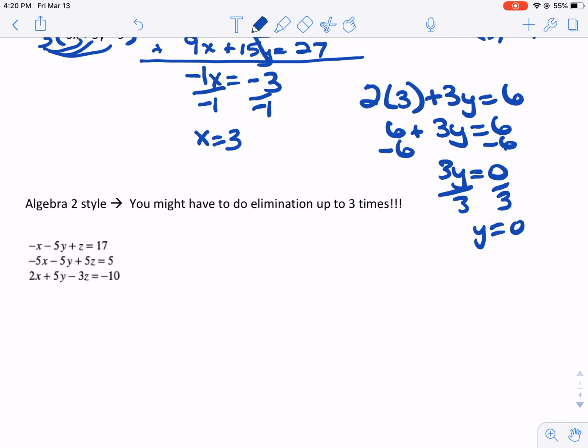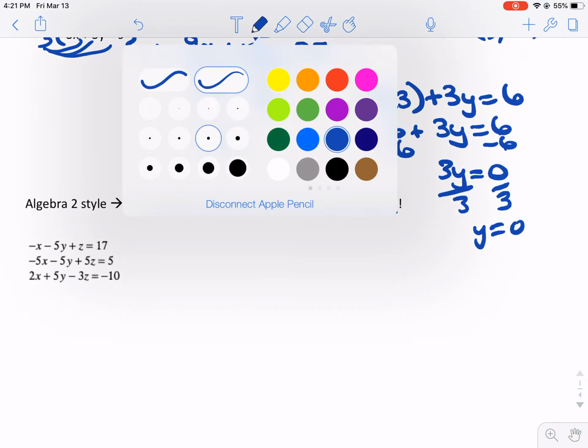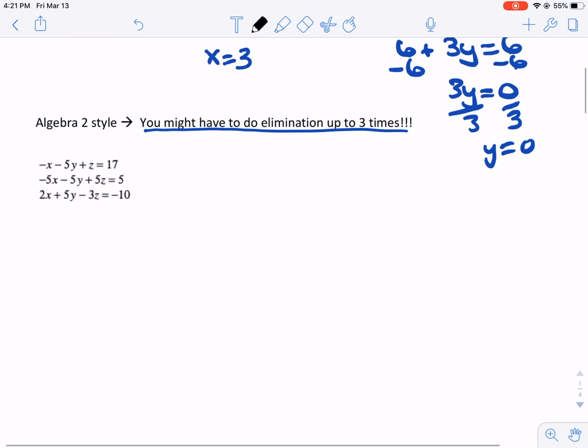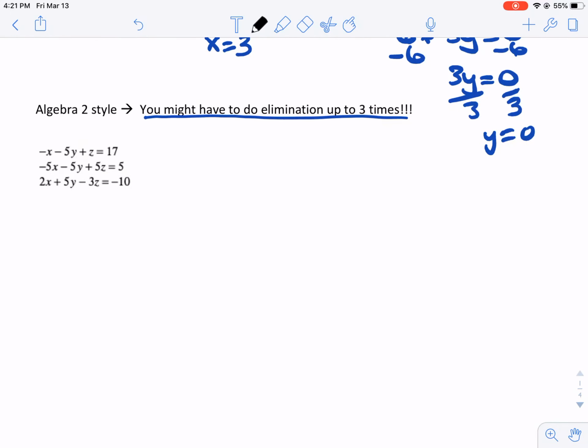When you have 3 equations with 3 variables, you might have to do elimination up to 3 times. Some of the problems are shorter and you can get by with just 1 or 2, but generally 2 to 3 is normal. Alright, so when you've got this situation, you need to pick 2 equations to start with, and you need to pick out what letter you want to eliminate.